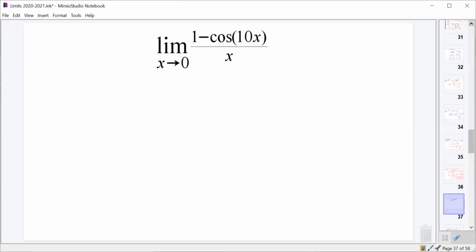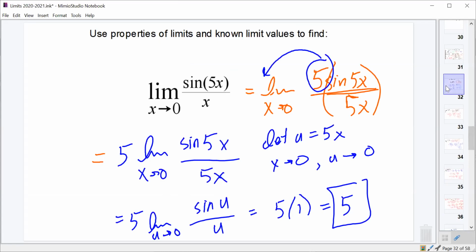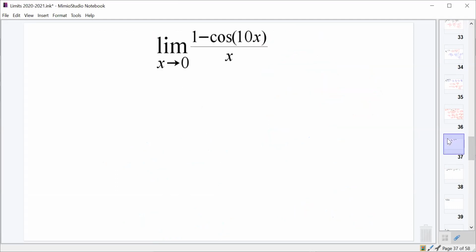Think back to this one. What did we do with the limit as x approaches 0 of sine 5x over x? We made the bottom the same thing as the stuff in the sine. Exactly. And so we probably need the same thing here. We need the bottom to be the same as the stuff in the cosine, right?